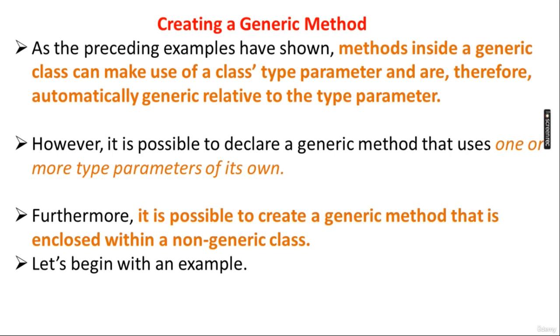Creating a generic method. In the preceding example, we have seen methods inside a generic class can make use of the class type parameter and are therefore automatically generic relative to that type parameter.